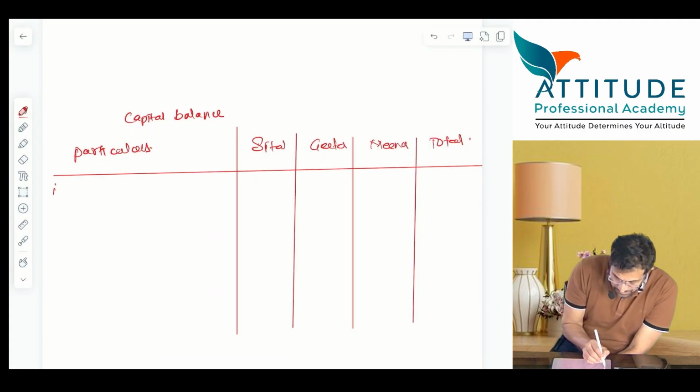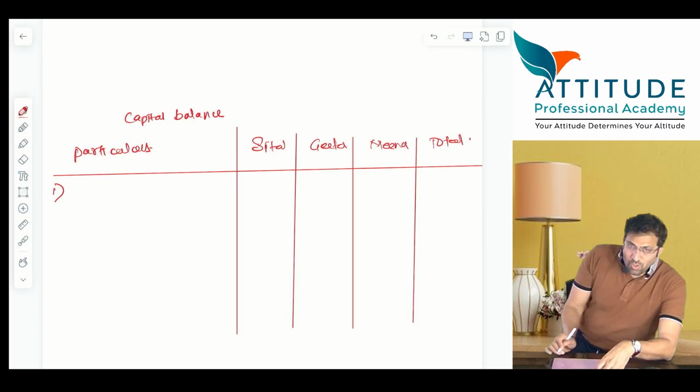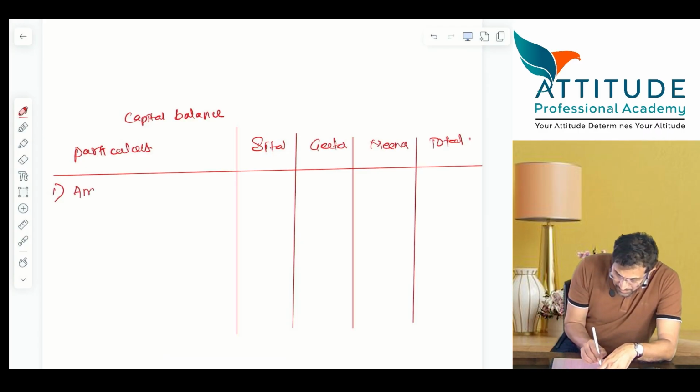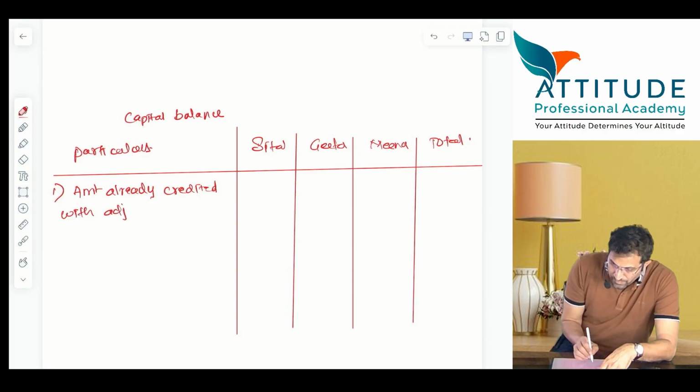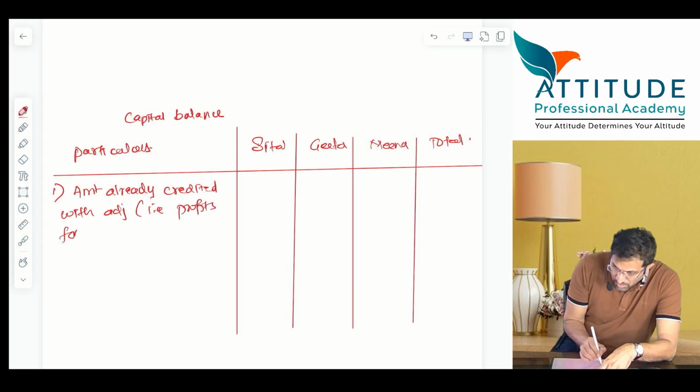Now first one, amount already credited, without adjustment, that is profits for 23-24 and 24-25.